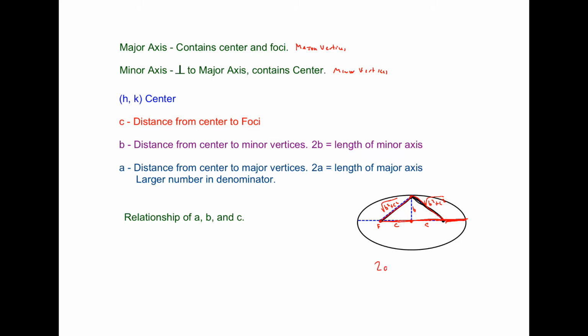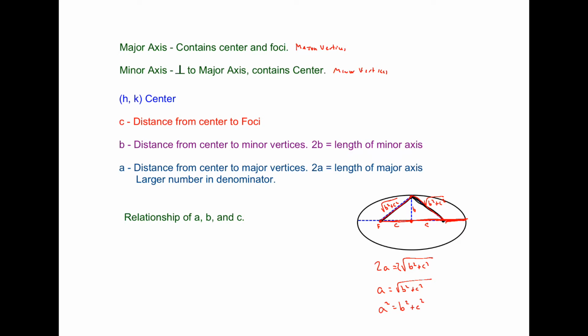So 2A is that constant, and if it's equal to the square root of B squared plus C squared, plus the other one, so there'd be two of them, and if we divide by 2, A would be equal to the square root of B squared plus C squared. Square both sides, and you get A squared is equal to B squared plus C squared.